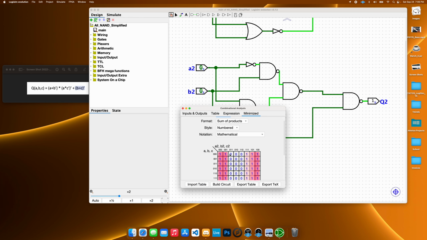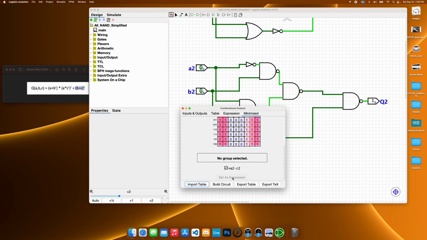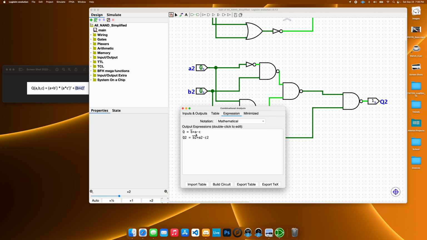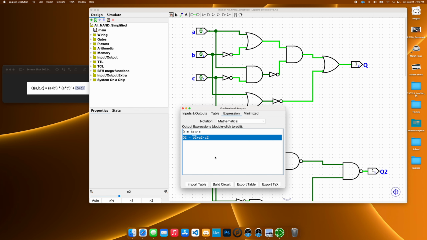Do the same for Q2, set as expression, and we can see them side by side now. They are exactly the same. We have B being complemented, and that is being ORed with A and C that are ANDed together. So we can see Q and Q2, these two are exactly equivalent.